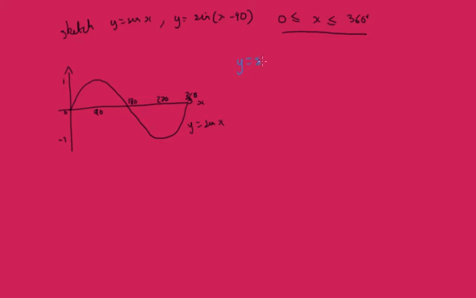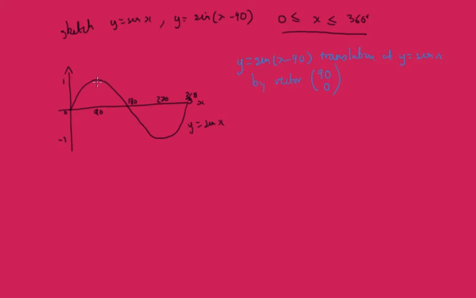So y equals sine x minus 90 is a translation of y equals sine x by the vector (90, 0). It's dealing with the x coordinate, and that's minus, so that's going to be plus.